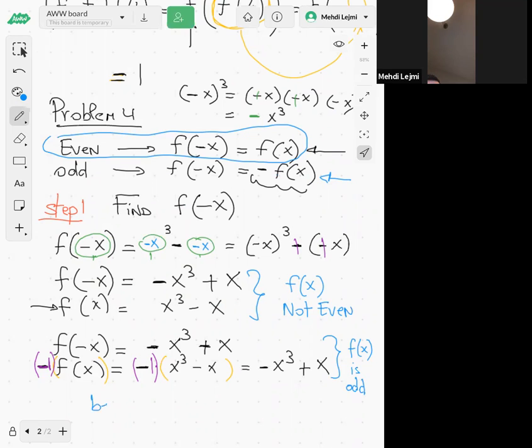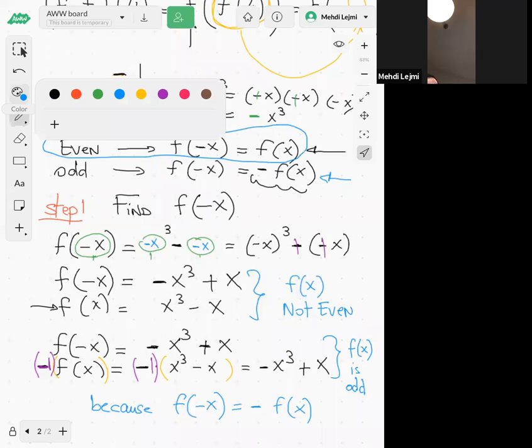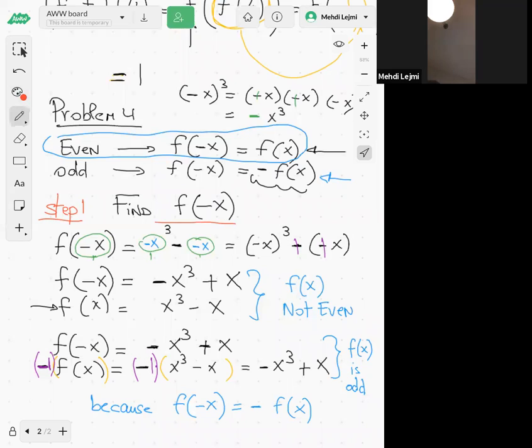Because f of minus x is equal to minus f of x. So the first step, you find f of minus x. In the second step, you compare your f of minus x to f of x, the original function. They are not equal, so it's not even.